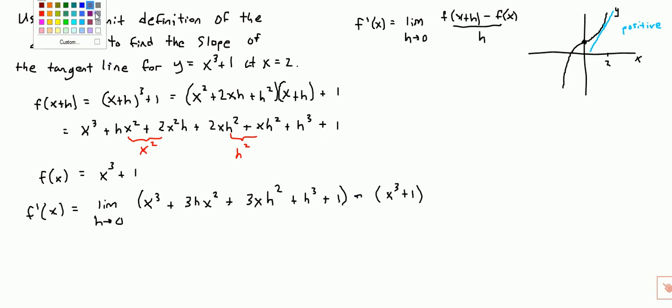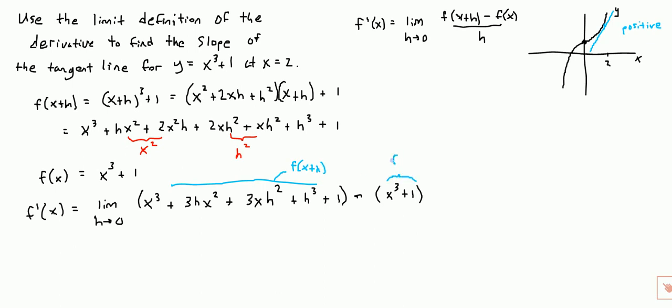That's f of x. So let me write, this is f of x plus h, and this is f of x. So we're doing f of x plus h minus f of x, right?